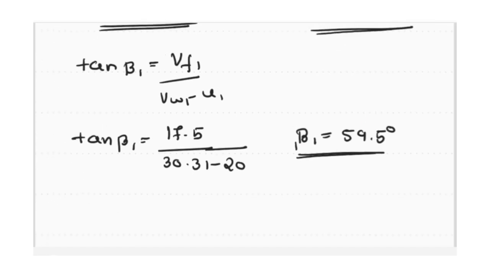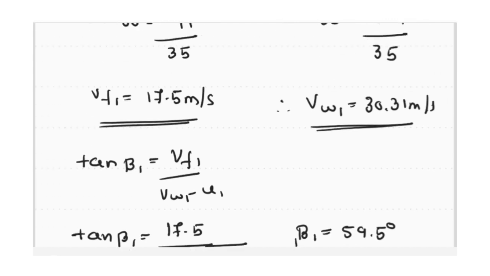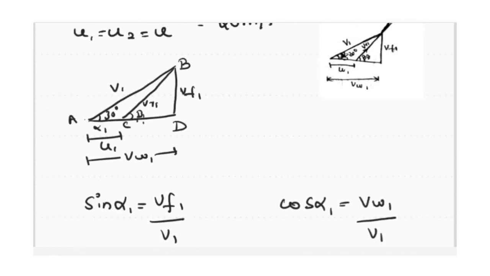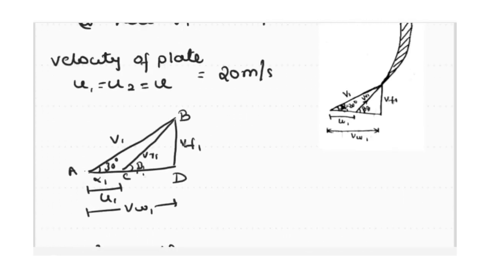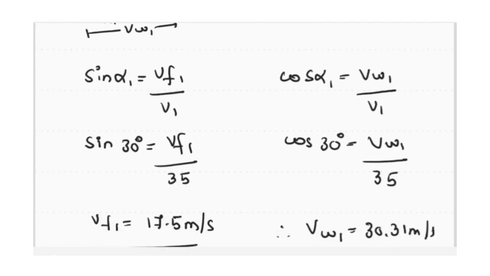Next, the one thing left is the relative velocity VR1. How can we calculate VR1? We know VF1 and also beta 1. So we can apply sine beta 1 to the triangle BCD.